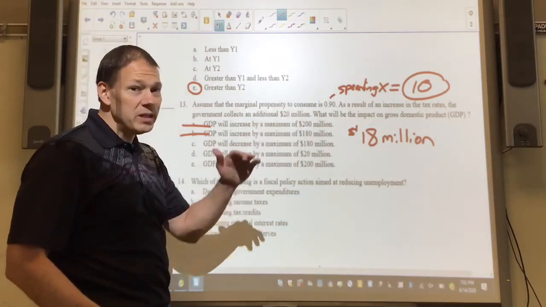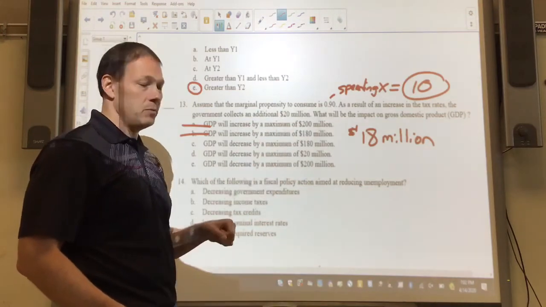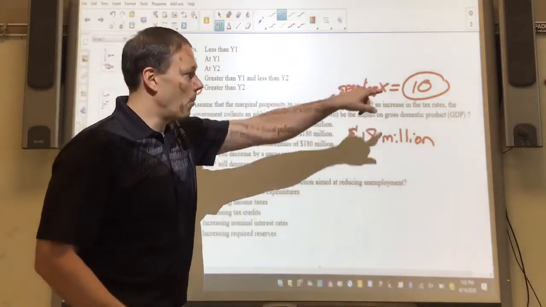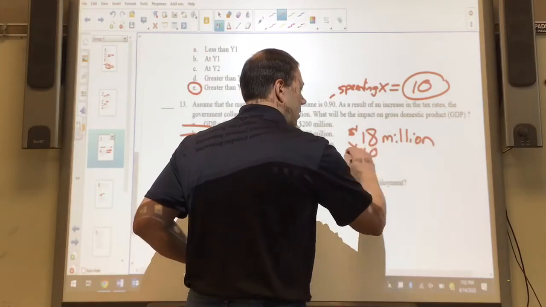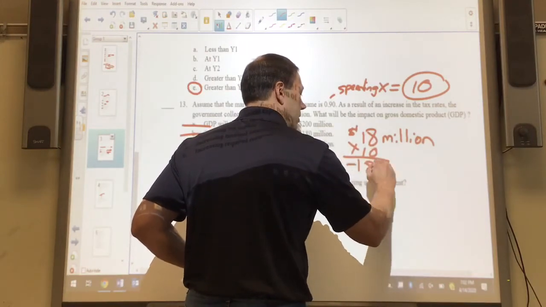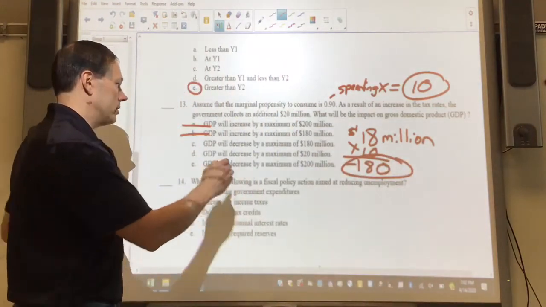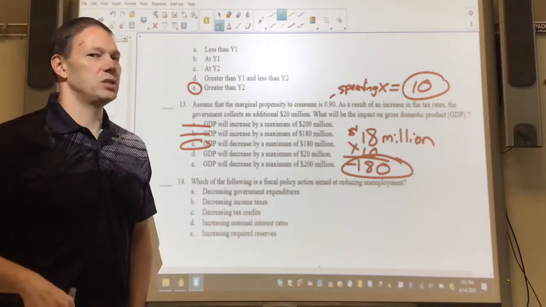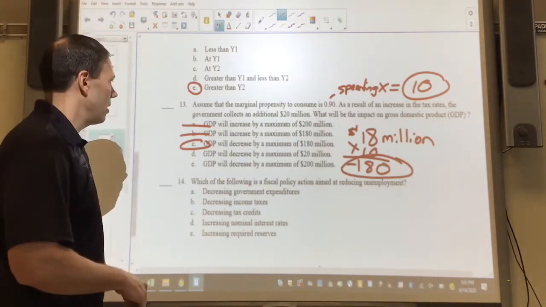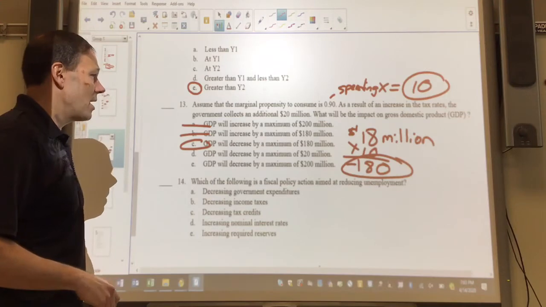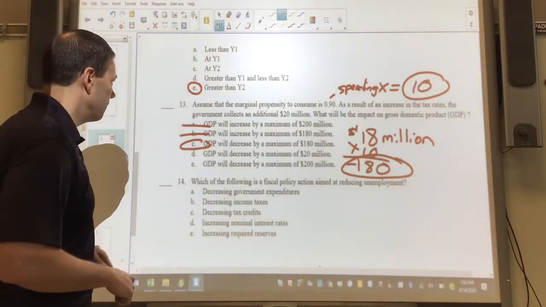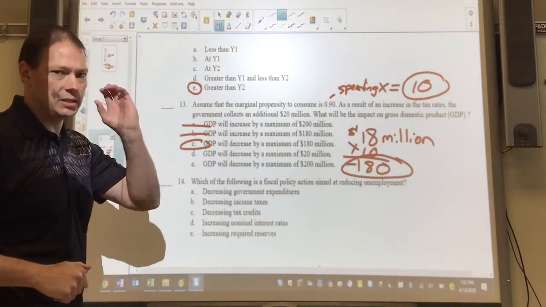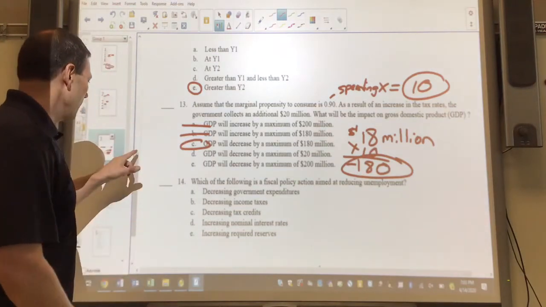So what we're really losing out on is $18 million in spending multiplied 10 times over, okay? And so it's 180 million that the economy is going to decrease by, and so it's letter C. How many of y'all picked that up? Hopefully you did, but if you did not, don't feel too bad. That one's a tricky one. So number 13 is C. Okay, there you go, you got it.